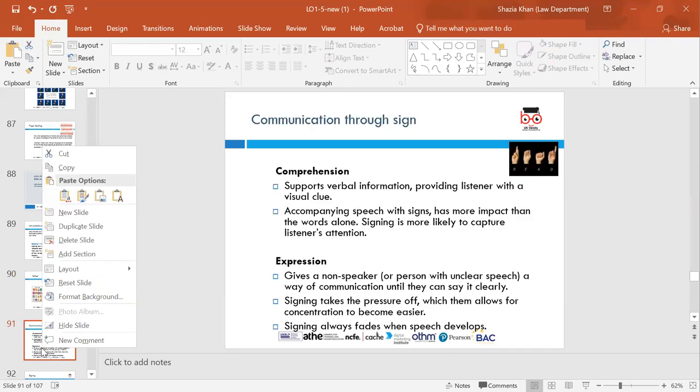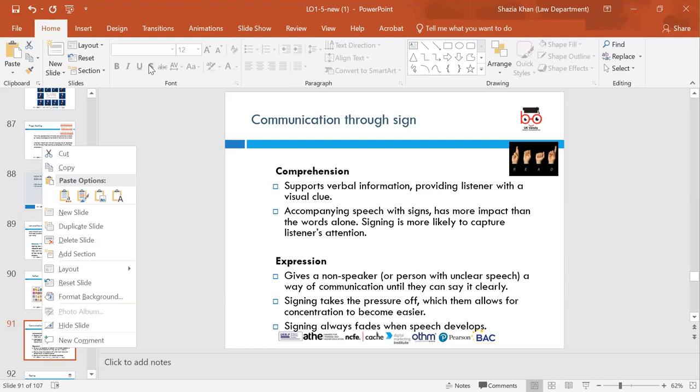Then you've got communication through sign. Comprehension supports verbal information, providing the listener with a visual clue. Accompanying speech with signs has more impact than the words alone, so signing is more likely to capture listeners' attention. And then we've got expression.